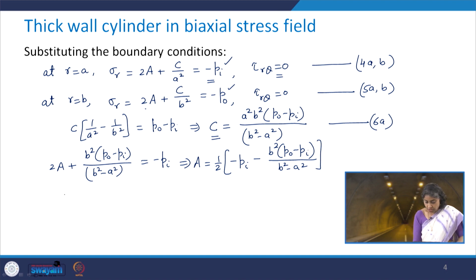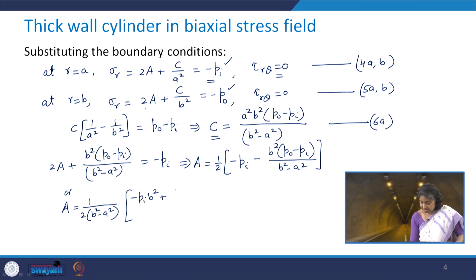Or we can write a as 1 upon 2 times b square minus a square, and see here what you will get is minus p i b square plus p i a square minus p naught b square plus p i b square.